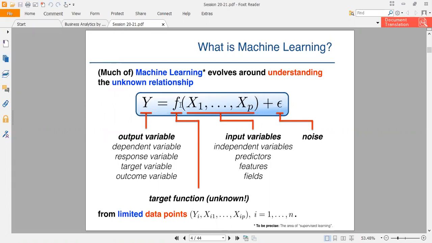All this means is that you have x1 to xp, a lot of different variables. These are called your input variables, your independent variables. You apply some function on that, and you get this Y as an output. This is specifically supervised machine learning, and we'll discuss what that means as well. But that's basically most of what machine learning revolves around.